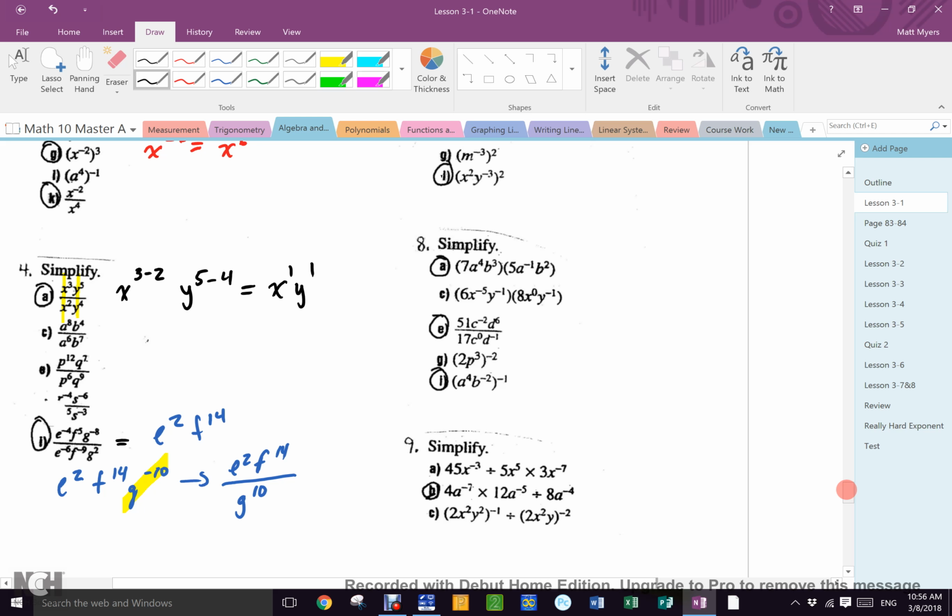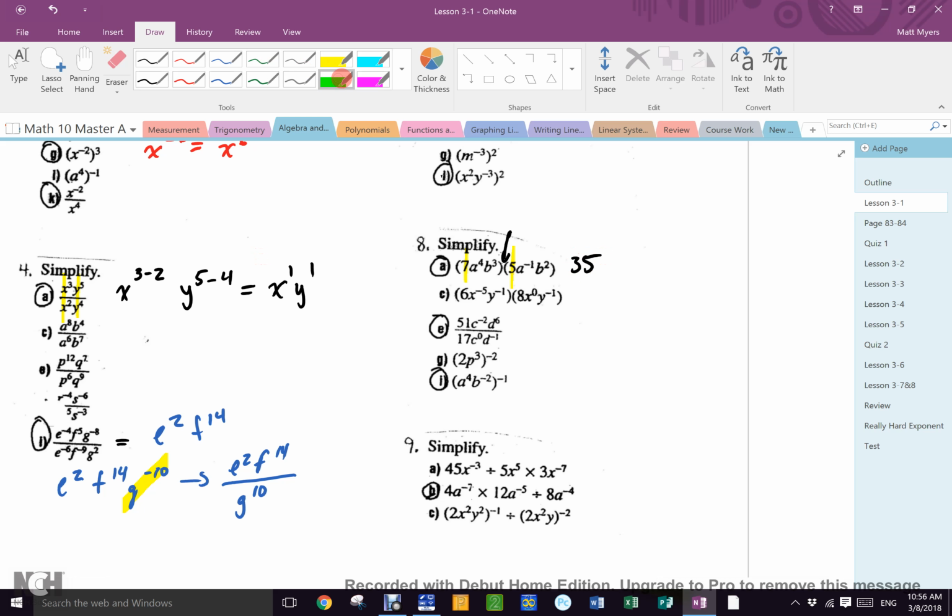8. What do you do with the numbers? There's numbers there with no exponents. What math is happening right there? Multiply. So what do you do with 7 and 5? Multiply them, which is what? 35. Excellent.